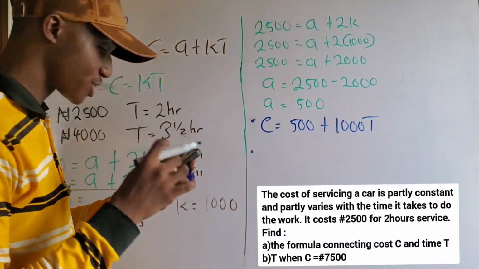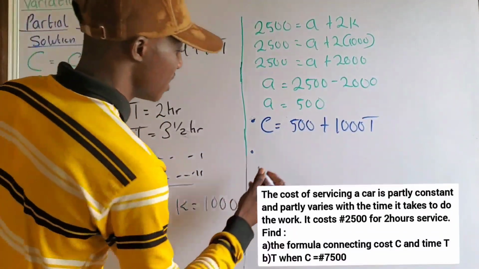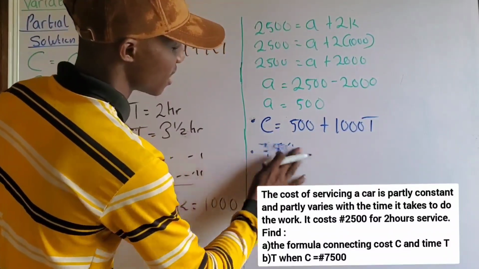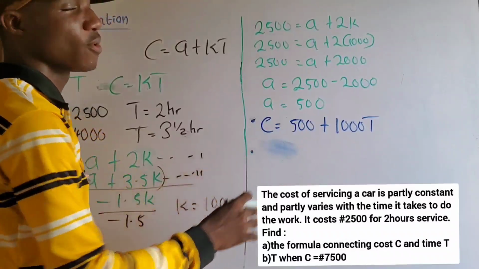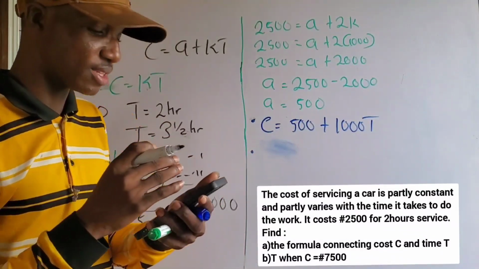Now, for the second question, we are asked to find T when C is 7500 naira. Okay, so C is 7500. Now listen, we are asked to find T when C is 7500.